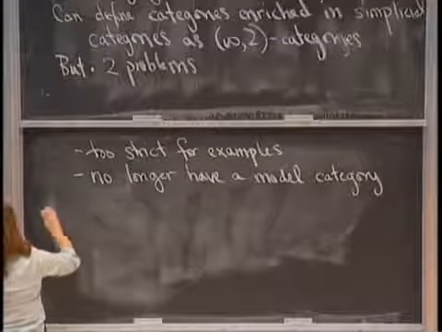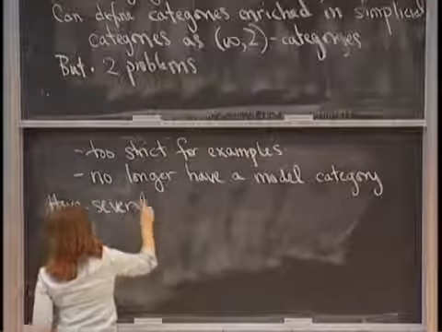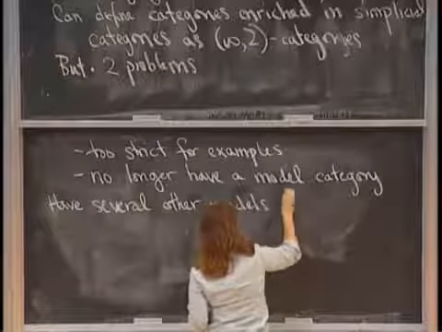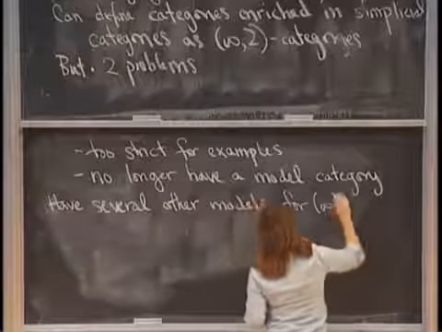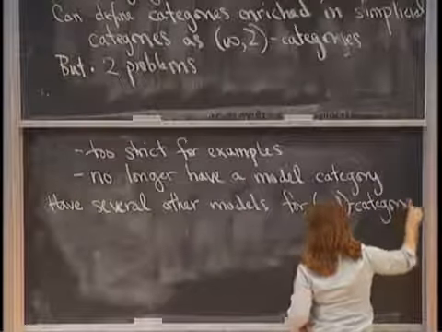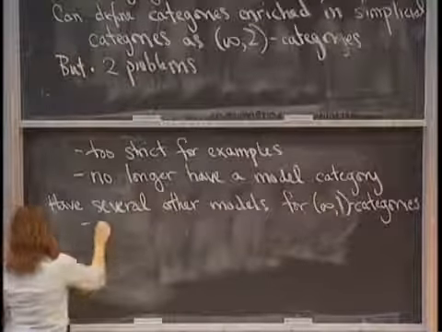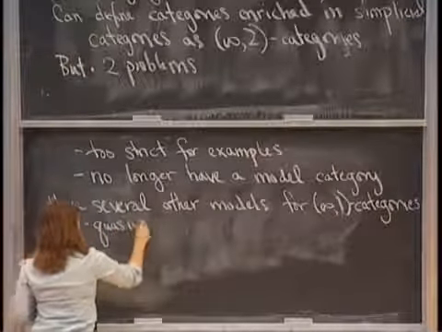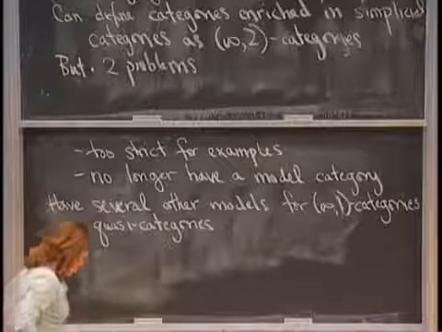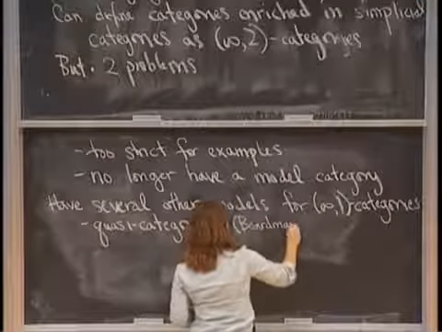So I will list, I guess, most of the ones we have right now. So we have quasi-categories. So these, not under that name initially, were from Boardman and Vogt.